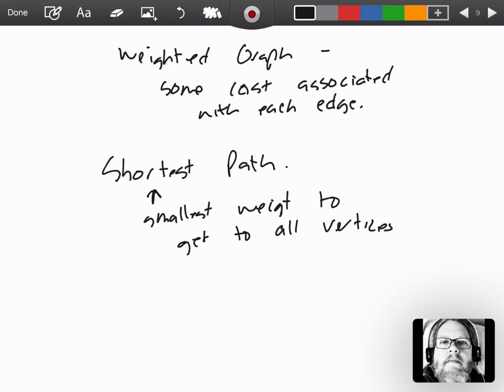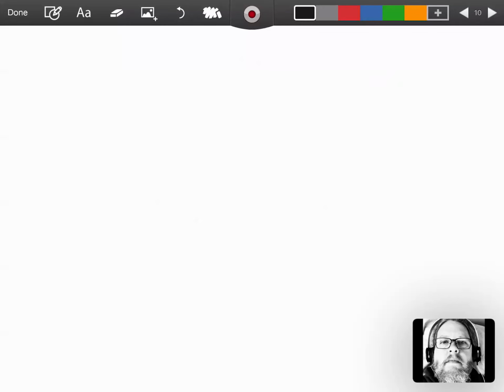The last concept we're going to talk about here is the idea of a minimum spanning tree. It's a term that you will see again, obviously in algorithms for sure. So we'll do the following graph. It takes us a little bit to get here, but to get the idea here.